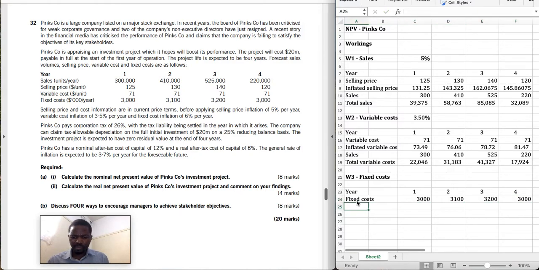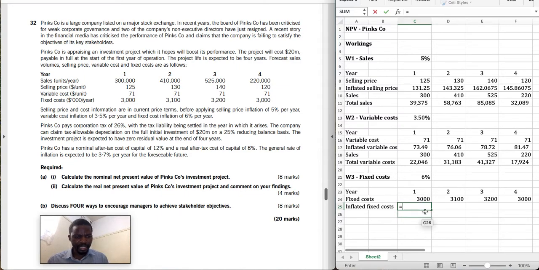Then we have inflated fixed costs. The rate of inflation for fixed costs is 6%.